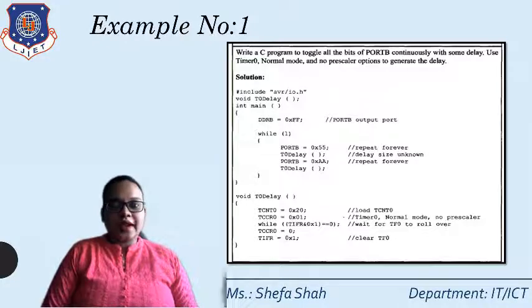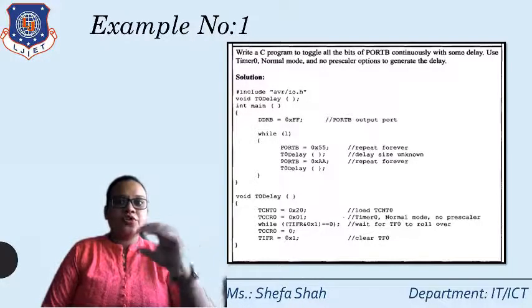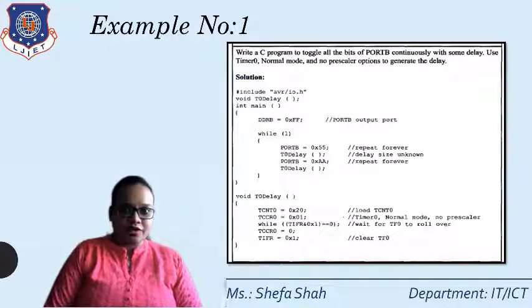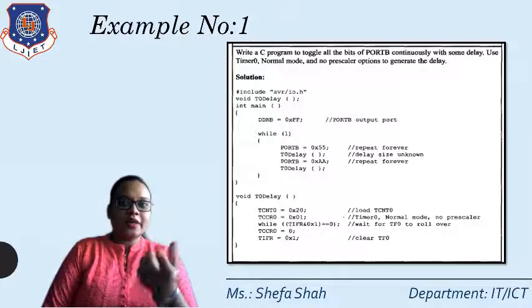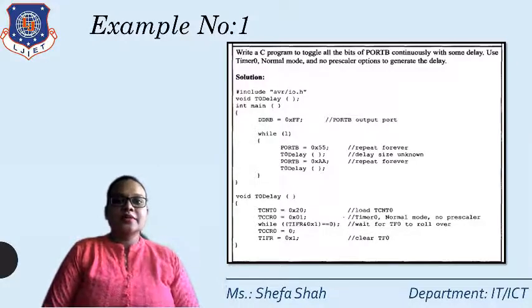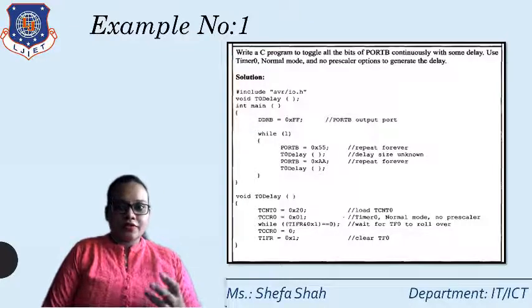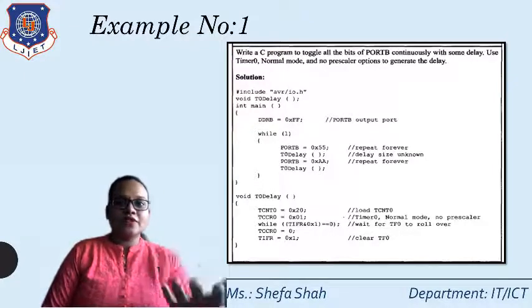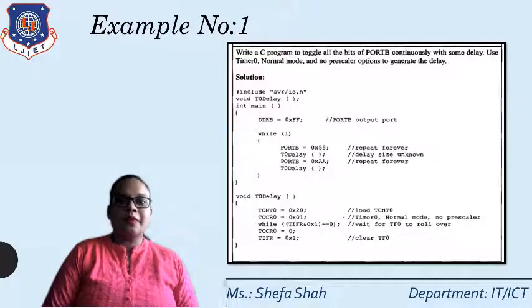You can also write the function above the main function and then call it in main. So there are two ways: either the function is called and written beyond the main function, or we write the function itself first and after that write the main function.